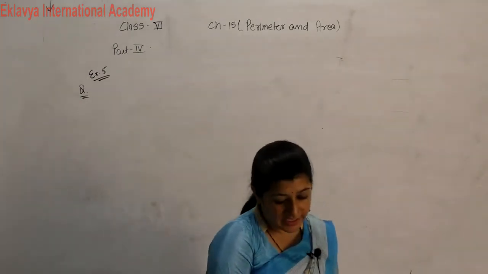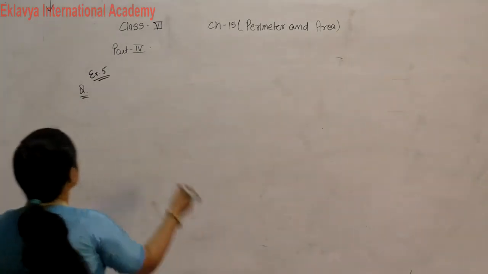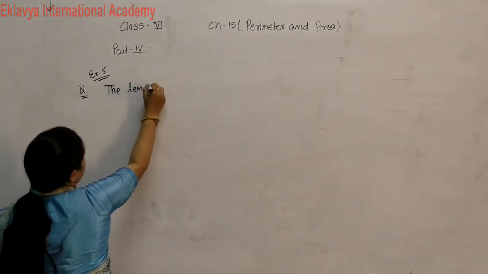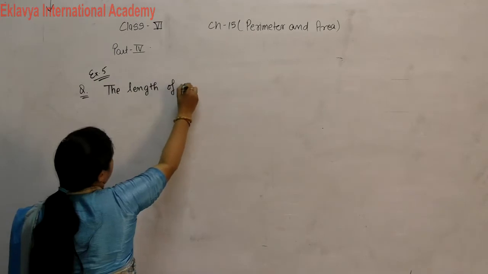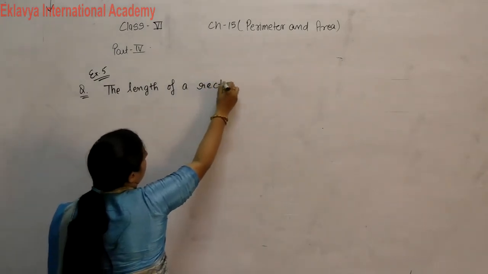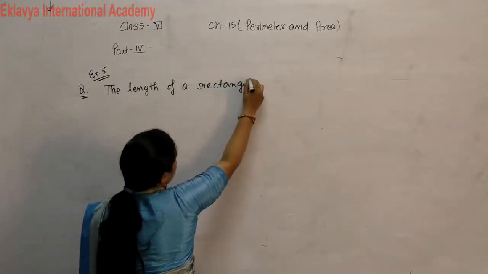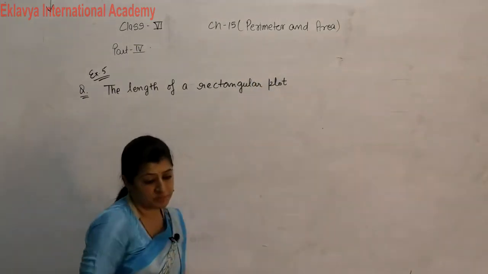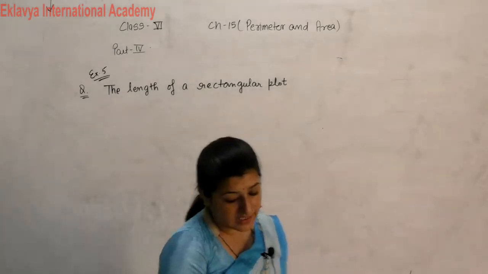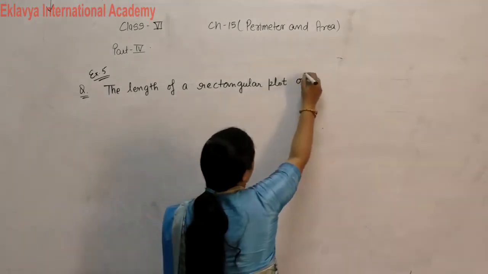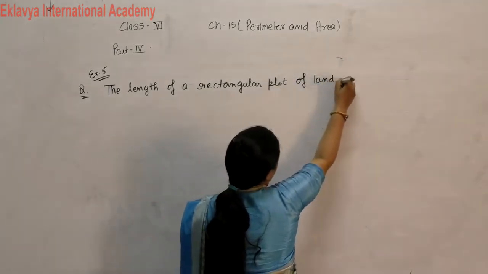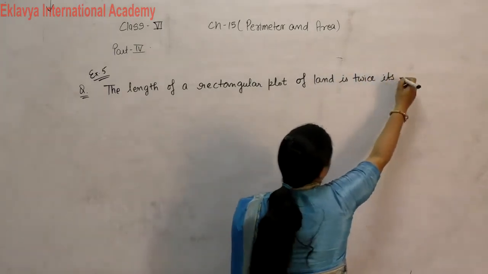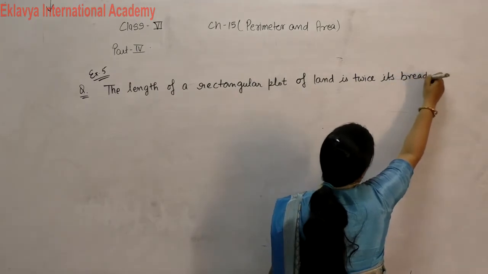The length of a rectangular plot of land is twice its breadth.